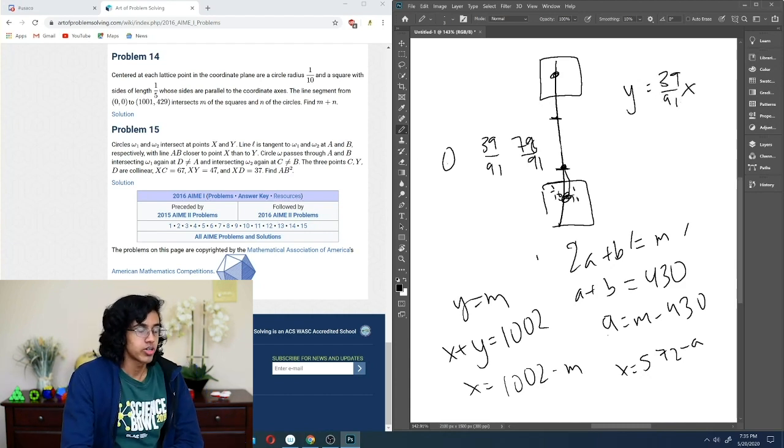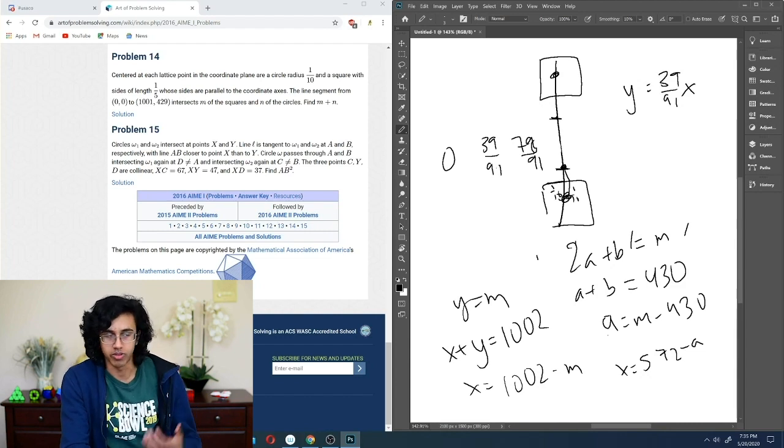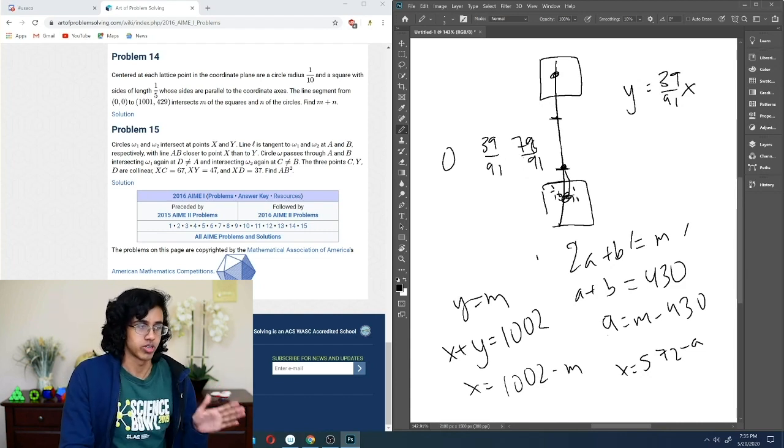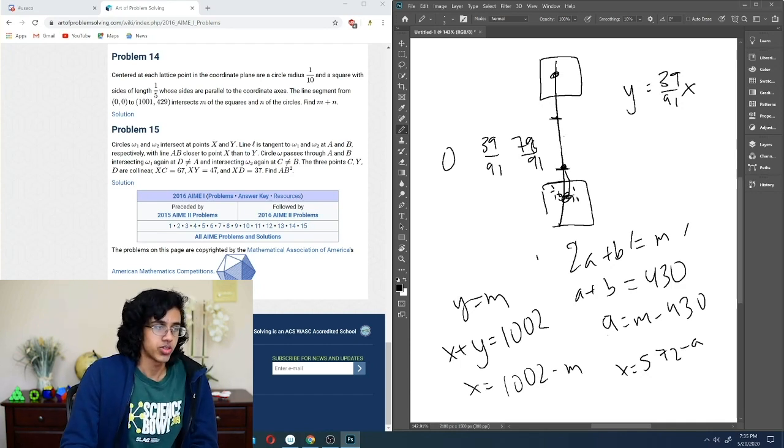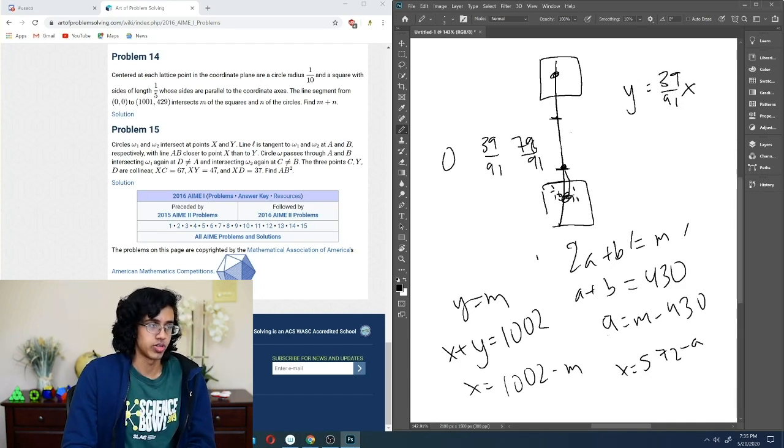So for x equals 0, that's 0, then 39 over 91 for x equals 1, and then 78 over 91 for x equals 2. And basically, as long as this is between 1/3 and 2/3, it'll be 0, and if it's not, then it will not be 0.